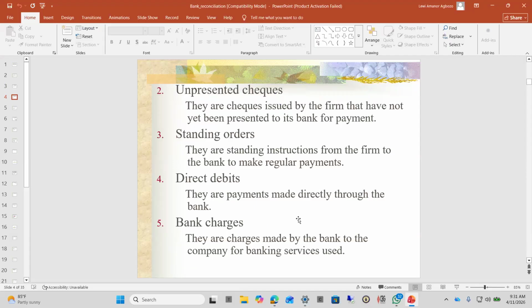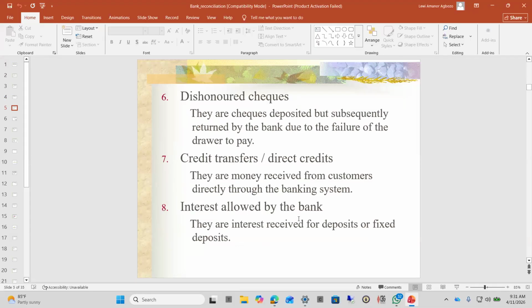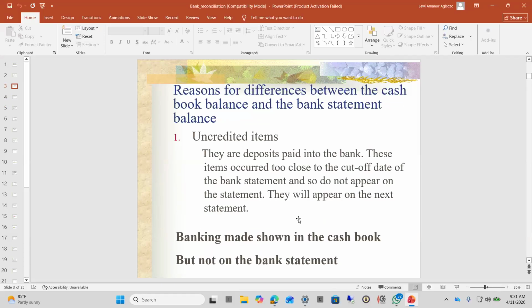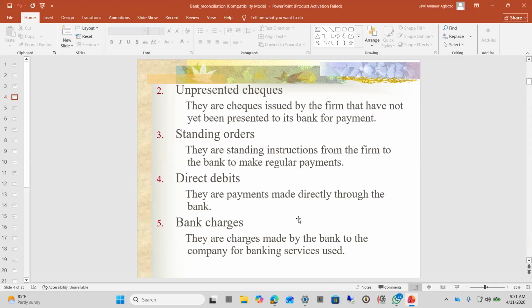Now, the next thing we can also look at that brings differences to the cash book is unpresented items or unpresented checks. When we say unpresented checks, all we are trying to say is that checks that we issued to people to go and withdraw money, but they were not able to send the check to the bank to withdraw the money.